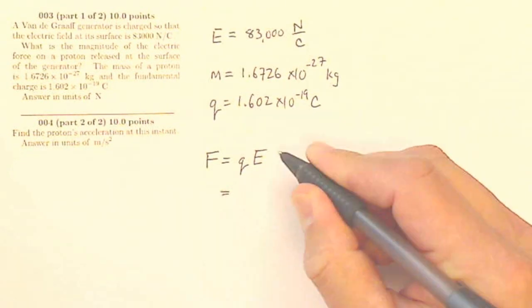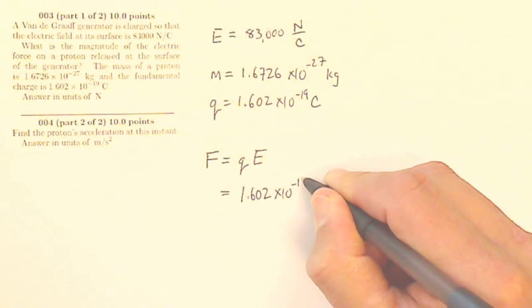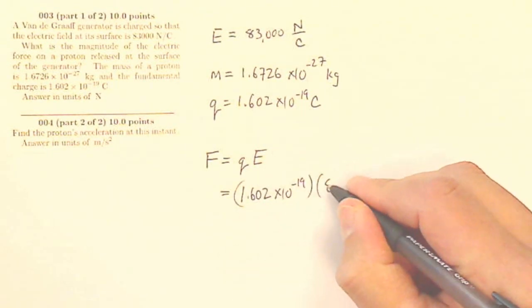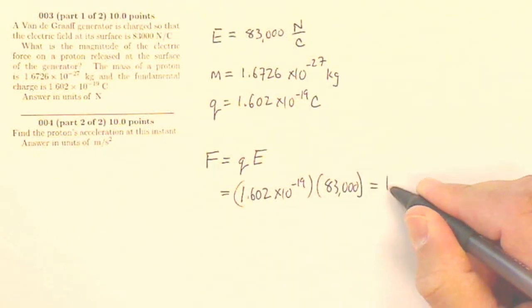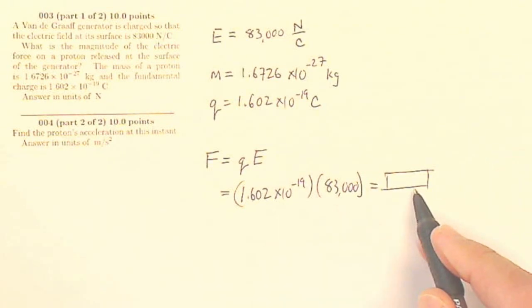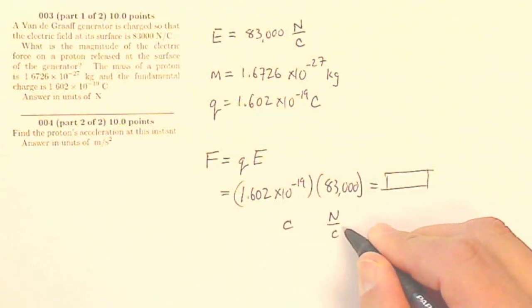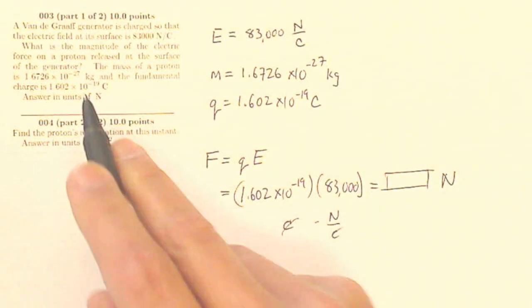So my force is going to be 1.602 times 10 to the minus 19th coulombs times my electric field strength, which is 83,000, and that is going to give me the force on the proton. This is in coulombs, and this is in newtons per coulomb. So coulombs cancels out, and I'm left with newtons, and that's what I want, answer in units of newtons.